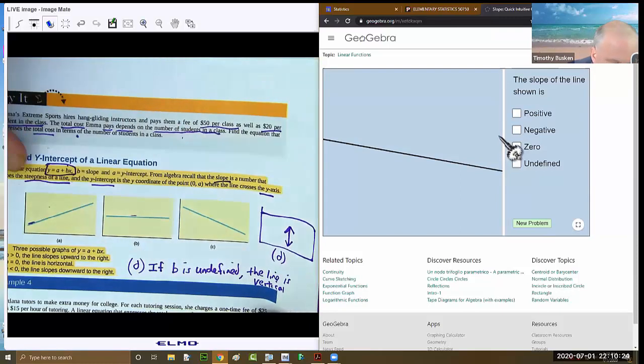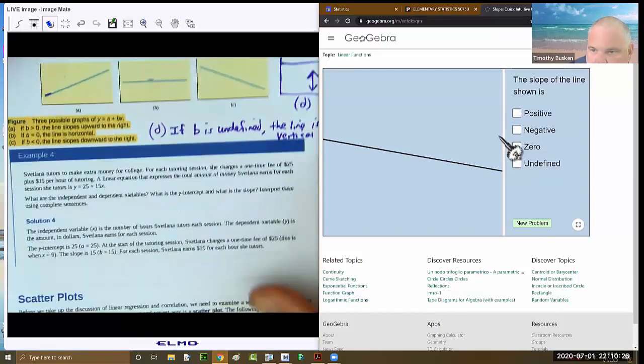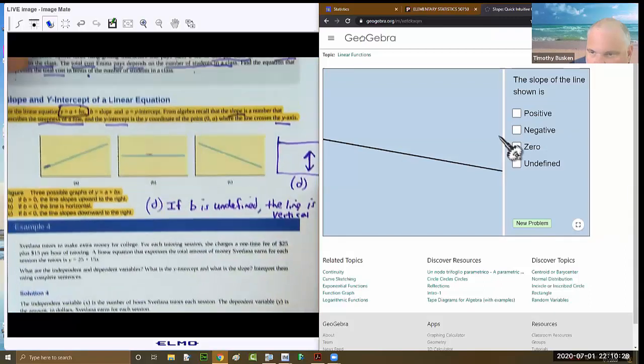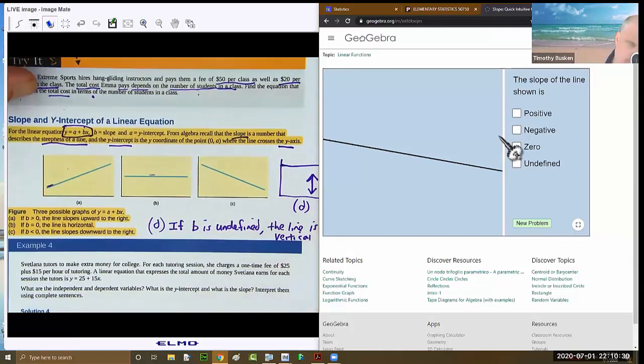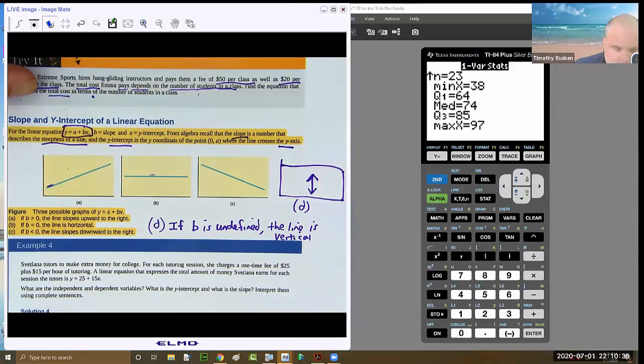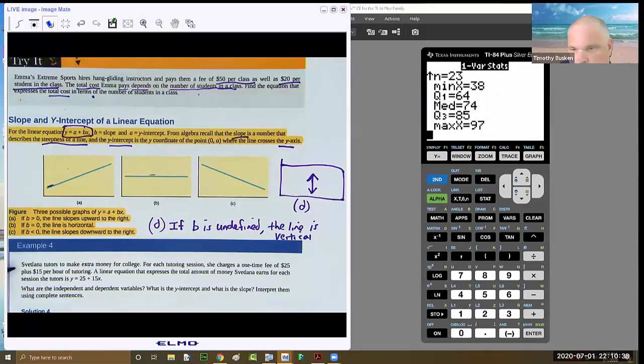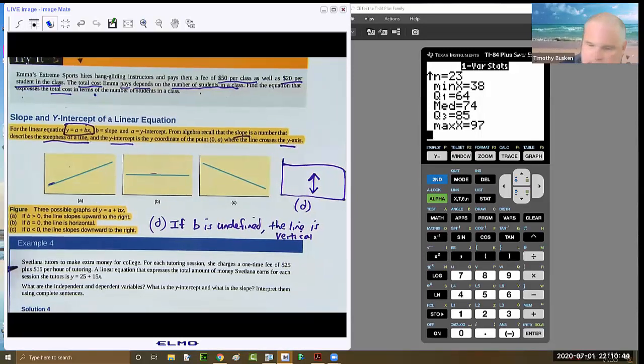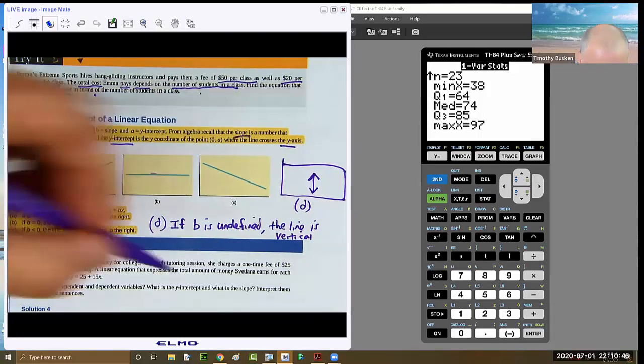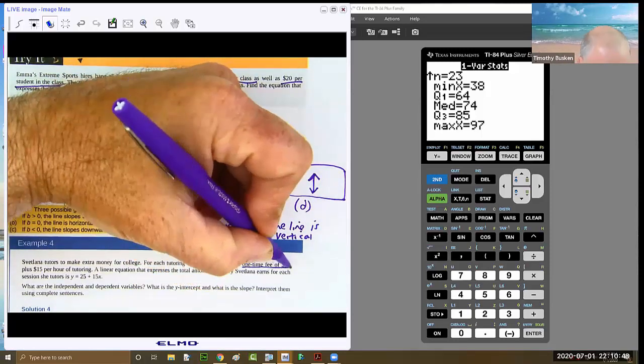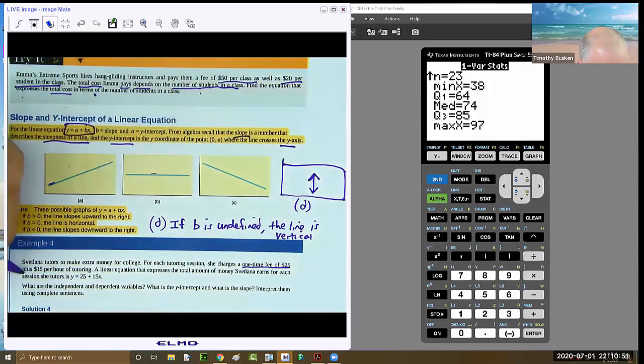So moving right along here to one more example, and then we'll start getting into the statistics of all this. Example 4: Svetlana tutors to make extra money for college. For each tutoring session, she charges a one-time fee of $20 plus $15 per hour of tutoring.